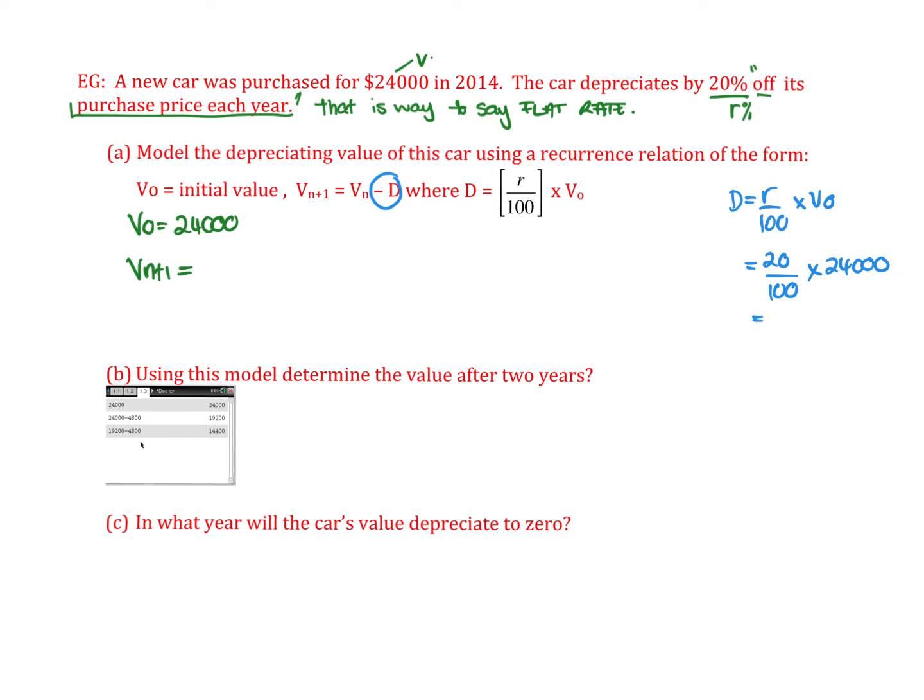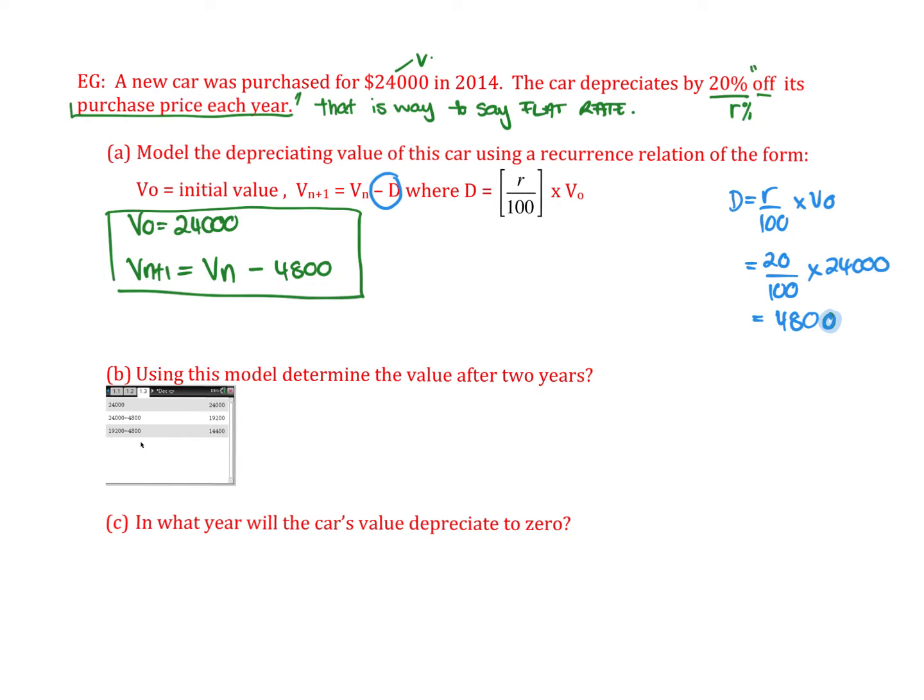That's going to be 4,800 if you do that on your calculator. We go pop that in our formula. So we write Vn minus 4,800. We don't write the D, we calculate it. So that's a recurrence relation set up. It then says use this model to determine after 2 years.